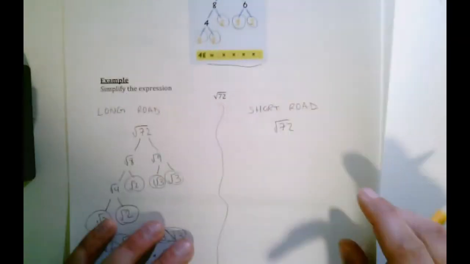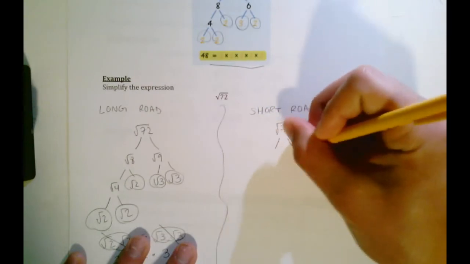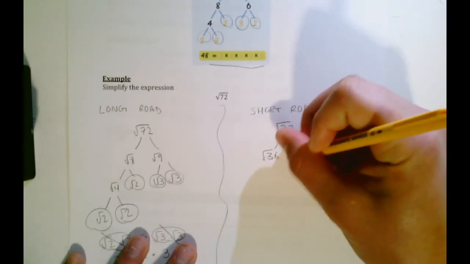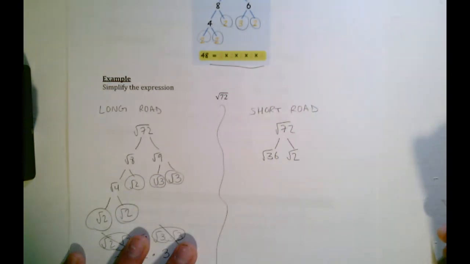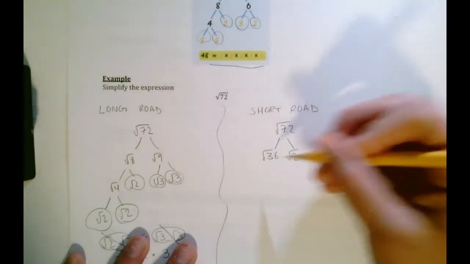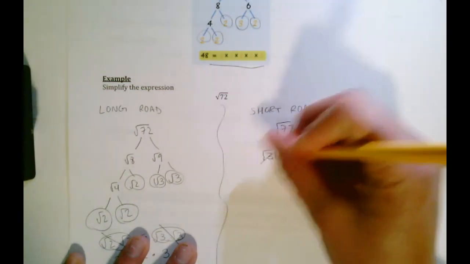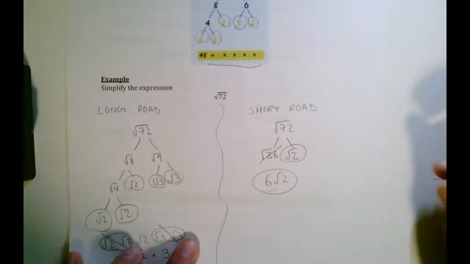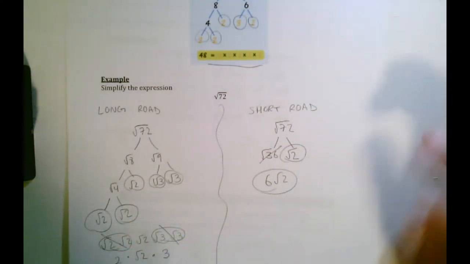So I break this down into my two factors. I do square root of 36 and square root of 2, because 36 times 2 gives me 72. And the square root of 36, that's a 6. This is a prime, so it's done, and you just get 6 root 2.